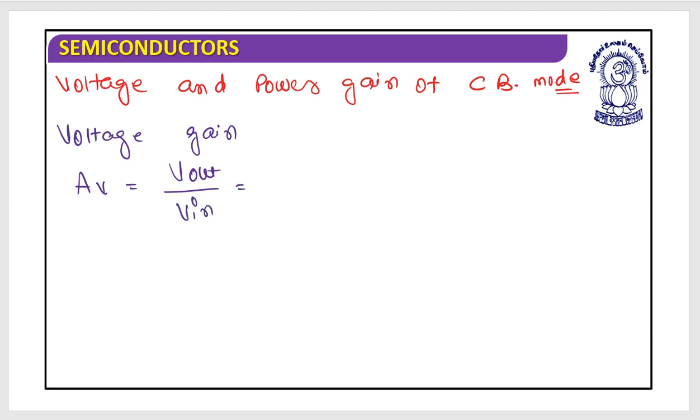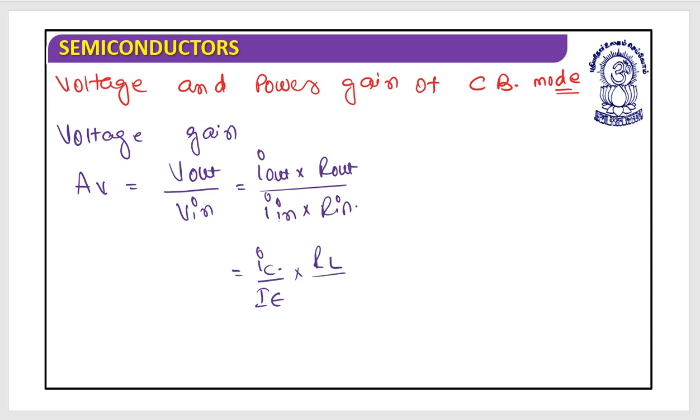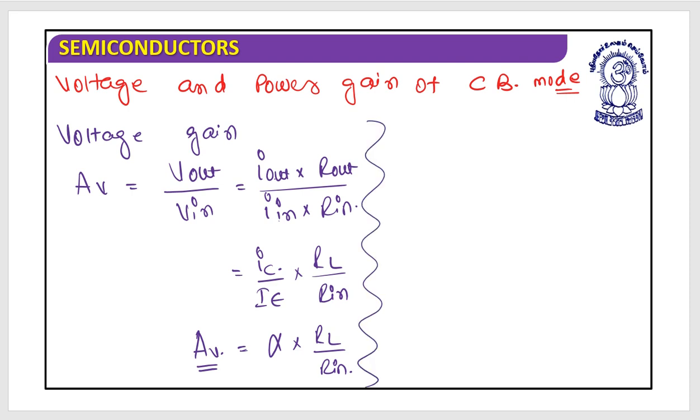Output voltage is I output multiplied by R output, divided by I input multiplied by R input. So this is equal to I output by I input, that is IC divided by IE for the CB, times R output, RL, by RIN. So IC by IE is alpha, so this is alpha times RL by RIN. This is the voltage gain AV of the transistor. I hope this is clear.